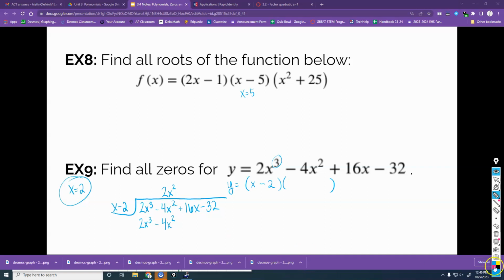Okay. So I divided, I multiplied, now I've got to subtract. So I'm going to subtract this, which actually really becomes like I'm adding, right? Everything just cancels out, positive and negative. So when I bring down, I'm going to have to skip a spot, and I'm just going to bring down my 16x minus 32.